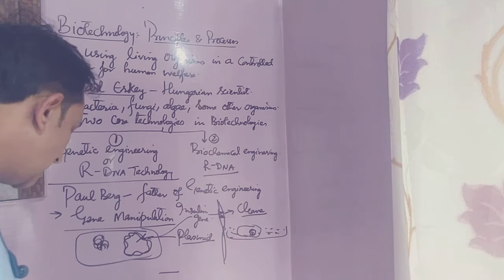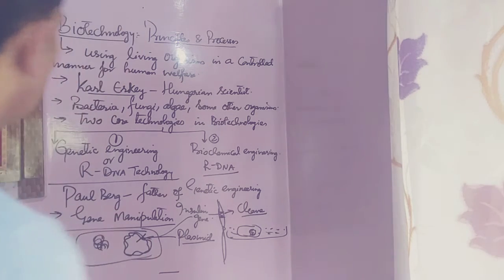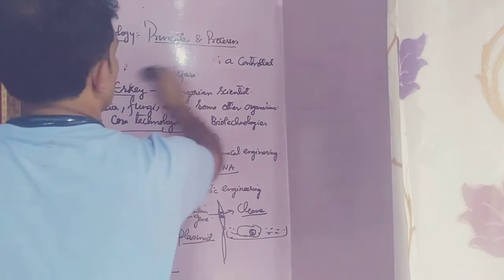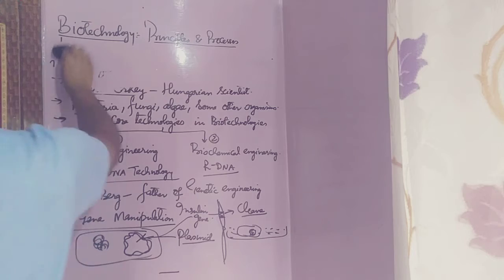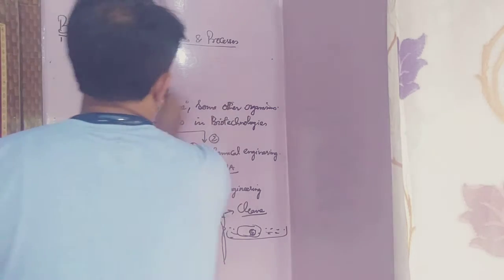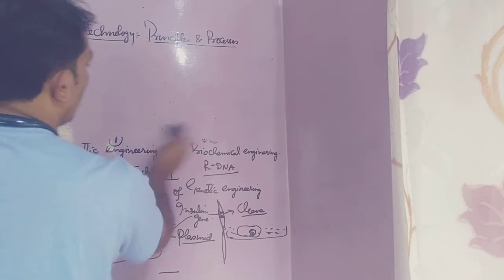Now we will be discussing what are the different tools involved in the recombinant DNA technology. So our next step in discussion is the tools involved in the recombinant DNA technology. Let's see which type of tools are involved. So let's move on forward.